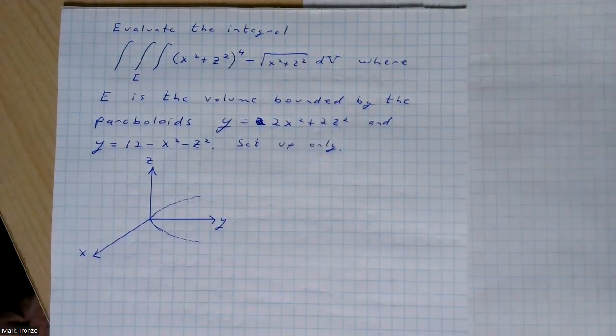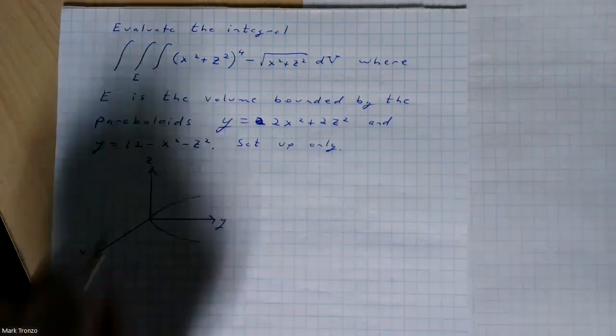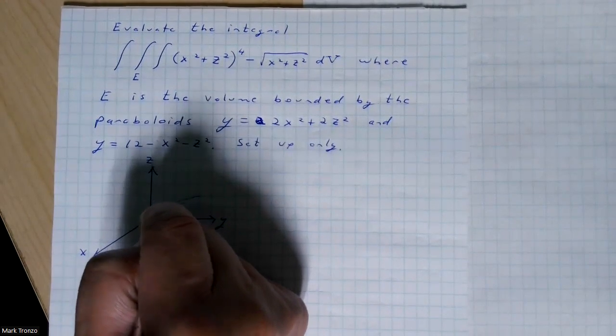So let's take a look at this one. It says evaluate this integral, where E is the volume bounded by the paraboloids y equals 2x squared plus 2z squared and y equals 12 minus x squared minus z squared. So let's take a look at this. The first paraboloid would go out something like this.